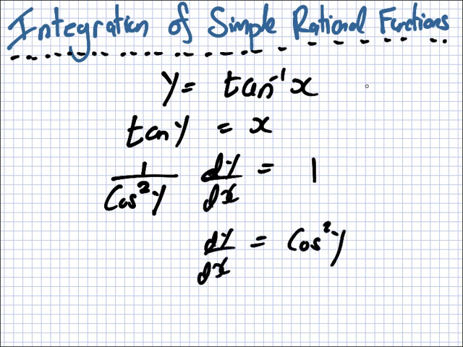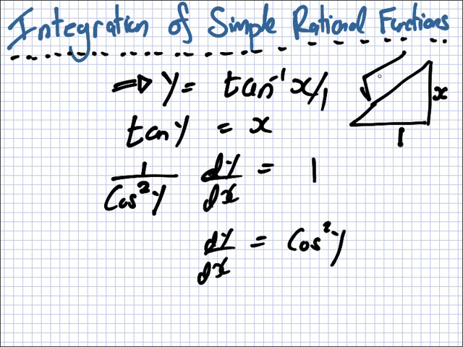Cos squared y. Now if I draw a triangle here, what's the opposite? A triangle that represents this statement. x, because this is like x over 1. And what's the adjacent? 1. And the hypotenuse? Square root of 1 plus x squared. And this here is y. So therefore, what is cos y?